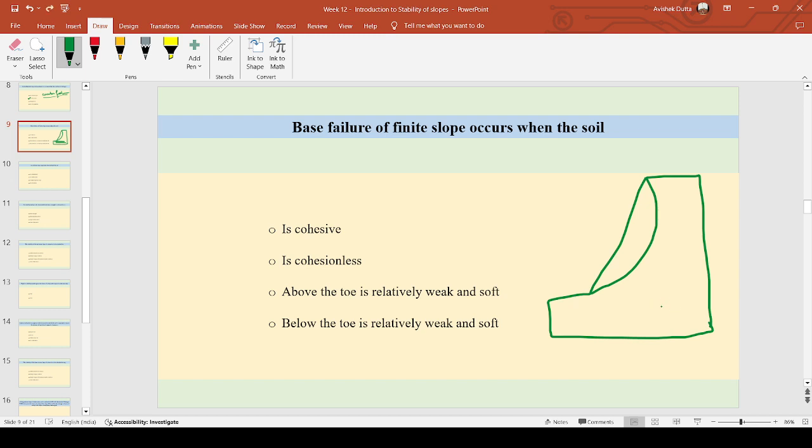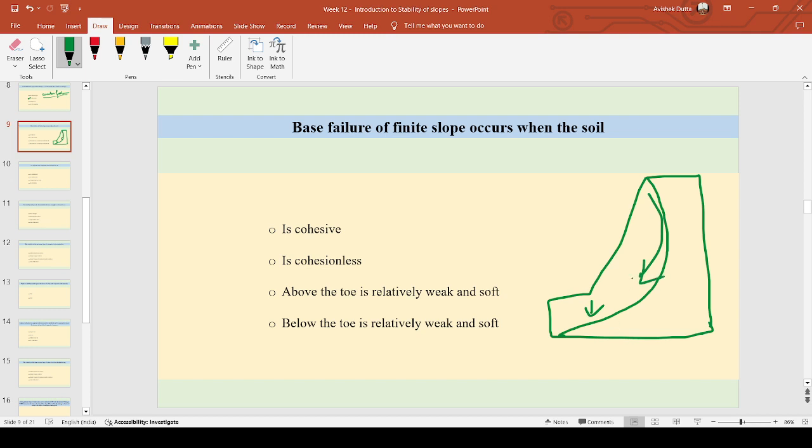Now in the case of base failure, we know that the critical slip surface is an arc of a circle and it extends beyond the toe, or below the toe. That means what? The soil below the toe is also weak, it's also soft, hence it is sliding down with the material above the toe also. So the material below the toe is relatively weak and soft, hence the entire thing is sliding down.